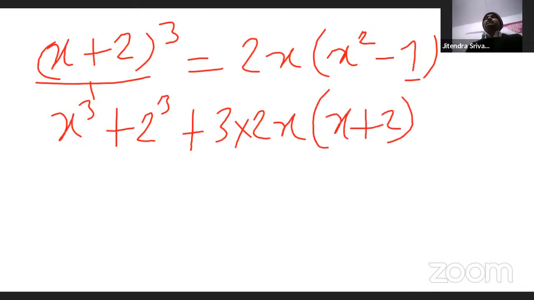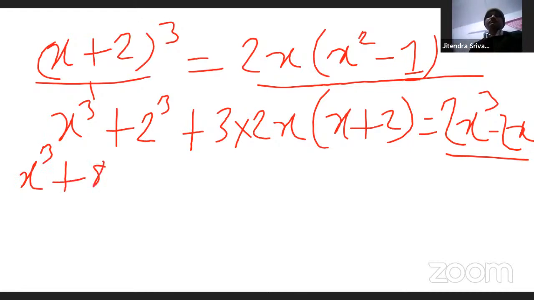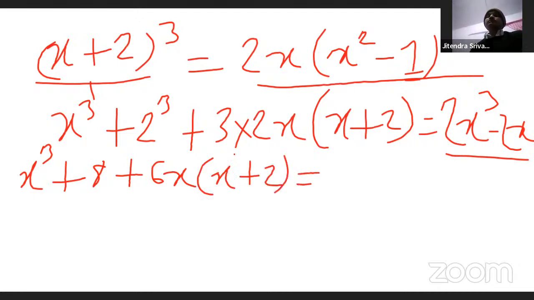And you can also expand this. It will be 2x cube minus 2x. x cube plus 8 plus 6x, x plus 2, equals to 2x cube minus 2x.